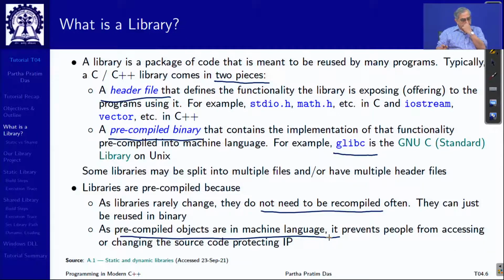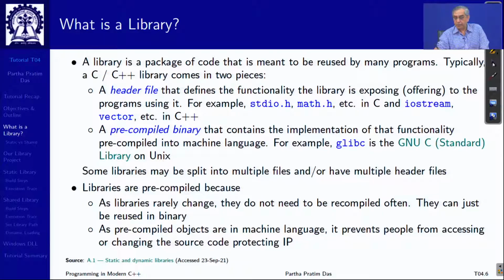So, unless the source changes, you do not need to recreate that, and the source being opaque, it gives a good protection of your IP. If your library has an algorithm which you do not want to tell everyone, then it is all hidden in the binary code.